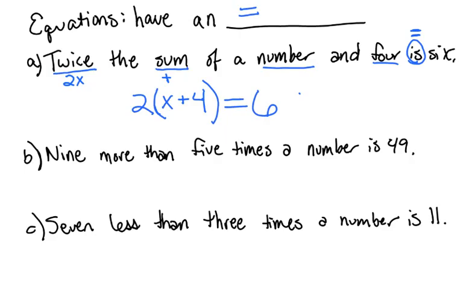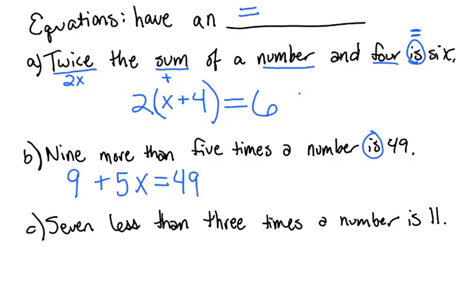B, 9 more than 5 times a number is 49. Again, that is where our equals is going to go. So I'm going to have 9 more than 5 times a number is 49. That one I could just go straight across.